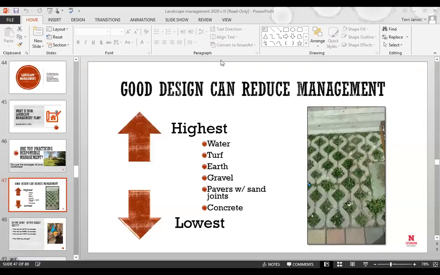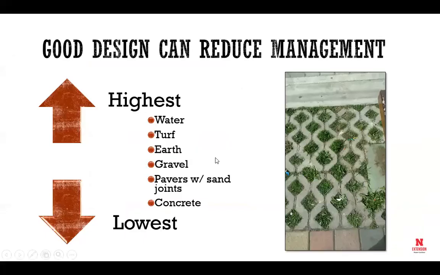Turf is next. Turf is really high on the list of high inputs, depending on how you want to manage it. If you want the absolute perfect monoculture turf, it's a high input. If instead it's green and you mow it, and that's good enough, the management drops. So a big piece of this is the acceptability of what you've got.